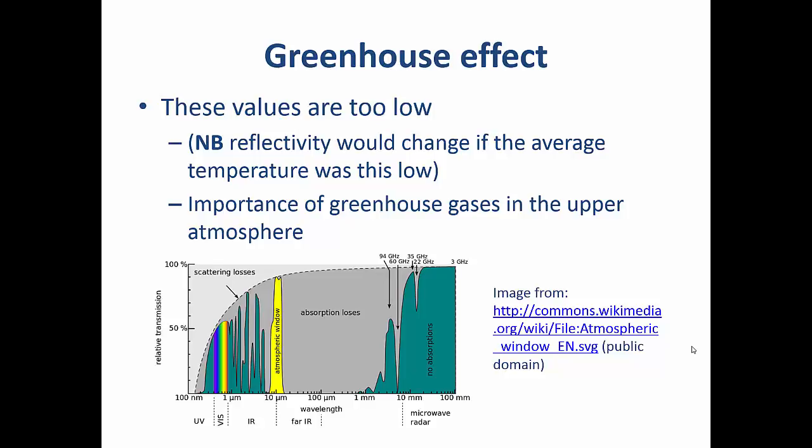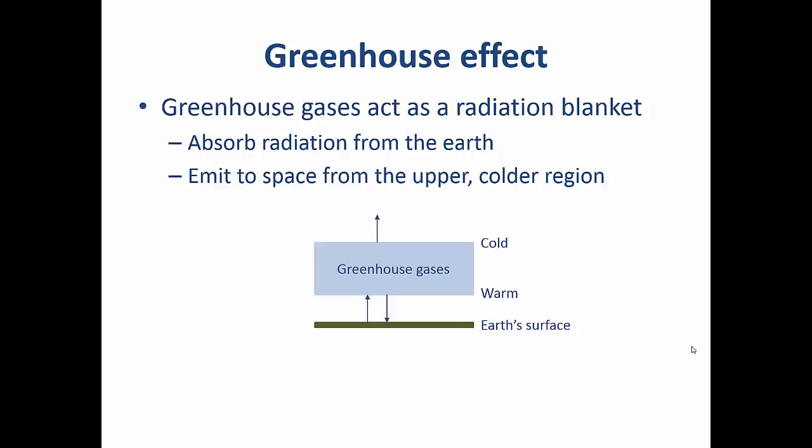So the greenhouse effect is real and important, because the greenhouse gases act as a radiation blanket. They absorb radiation from the Earth in a relatively warmer region, but they emit to space from the upper colder region, and the overall thermal balance that this gives us helps achieve a warmer temperature on the Earth than we would otherwise expect.